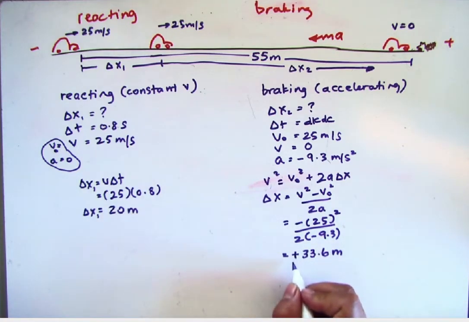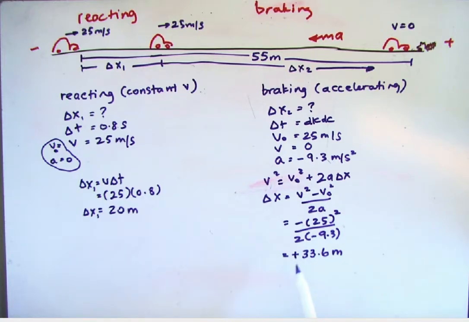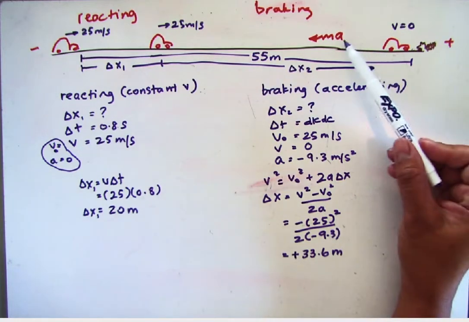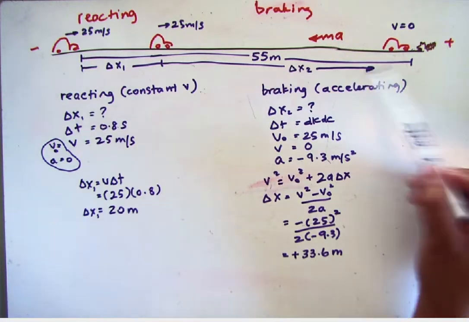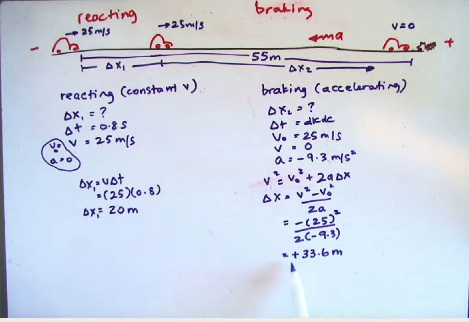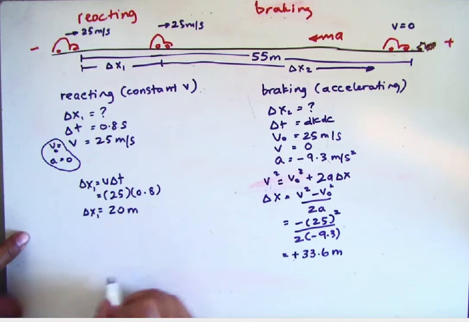Does that positive make sense? Yes, it does. What it's saying is, as you are slowing down, your velocity is decreasing, you're decelerating, but you're still moving forward. You're moving forward 33.6 meters. So now we can put this all together.